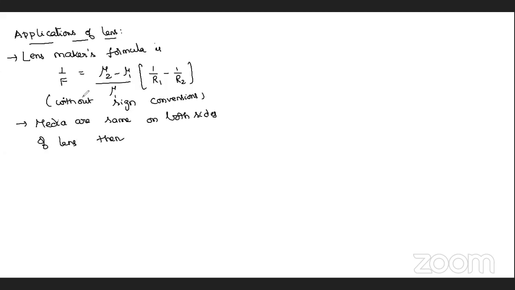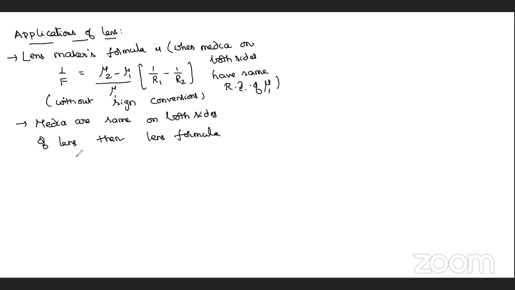Then we use the lens formula, which we also know: 1 by v minus 1 by u is equal to 1 by f.